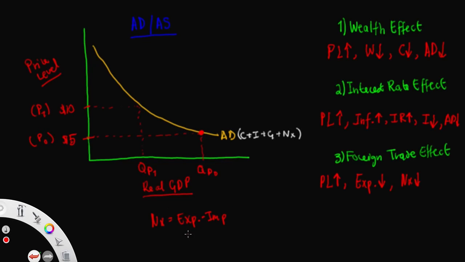So if our exports are going down, then our net exports must also go down. So if our net exports go down, then our aggregate demand will also go down. And these are all the 3 reasons why, in a macroeconomic context, the aggregate demand is downward sloping.